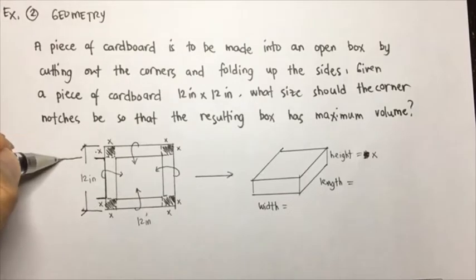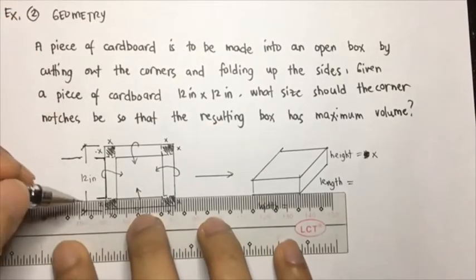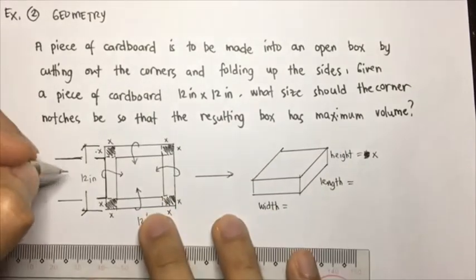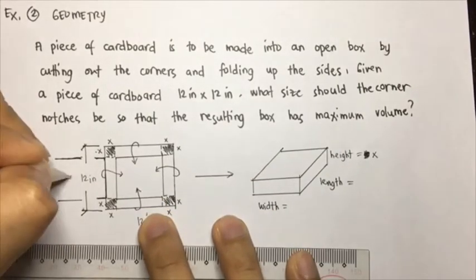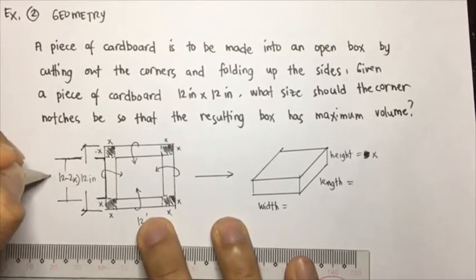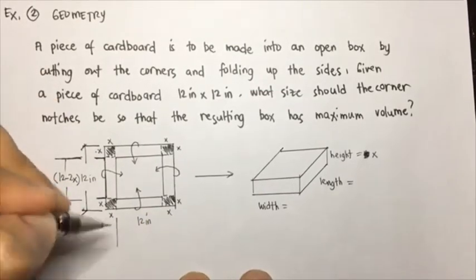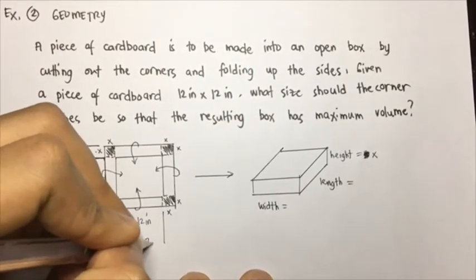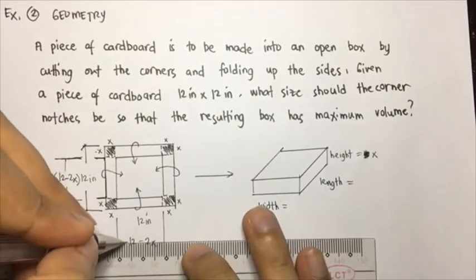If we extend those lines, this will be equal to 12 minus 2x, and this is also equal to 12 minus 2x.